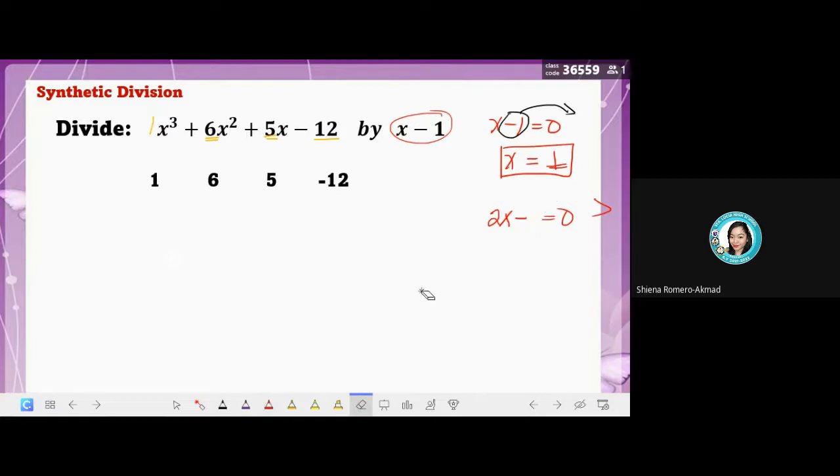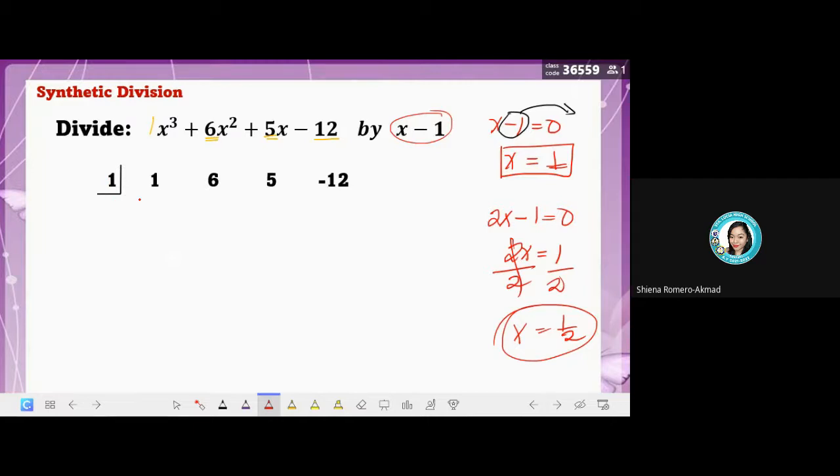So, magiging 2x equals positive 1. Divide both sides by 2. X is 1/2. So, makikita nyo yung variable x naging fraction. So, kaya lagi kong sinasabi na dapat ini-equate sa 0. Para alam nyo kung bakit from negative naging positive yung gagamitin natin. So, saan ba natin siya gagamitin? Dito po.